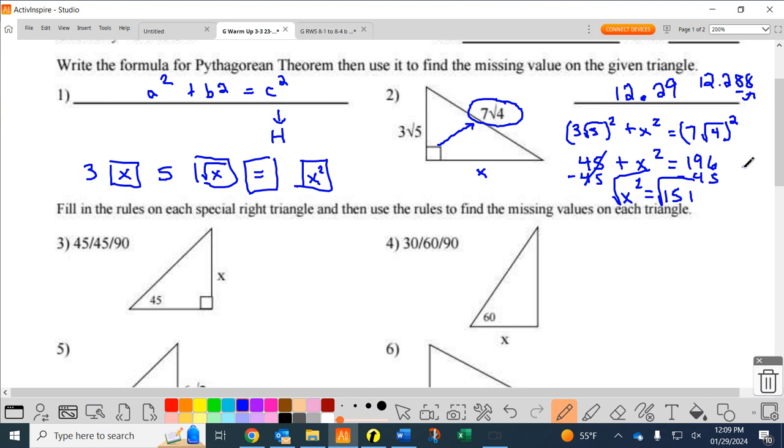I got 13.8. Okay, type the 151 and just hit the square root button real quick. 151, hit square root. I got 12.28. It's 12.28 with an 8 after it, and that gives you 12.29. That's what it was. Okay, good.